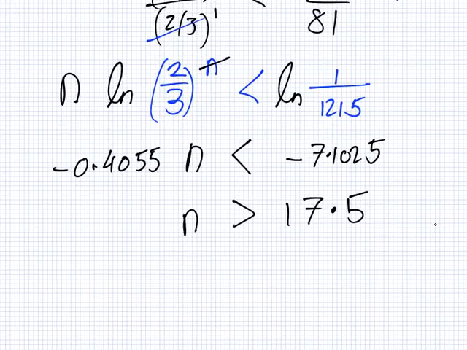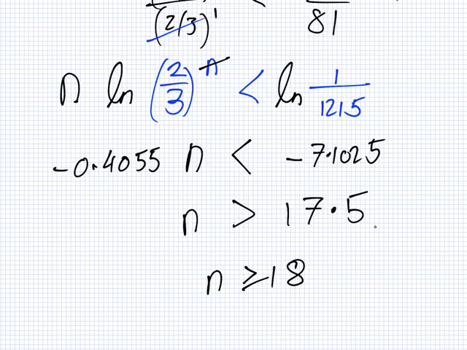So what do I use for n? Do I use 17 or do I use 18? 18. Yeah, so therefore n is bigger than or equal to 18. Why? Because n must be more than 17.5. So 17 is violating this. 18 is the first number that satisfies this requirement.